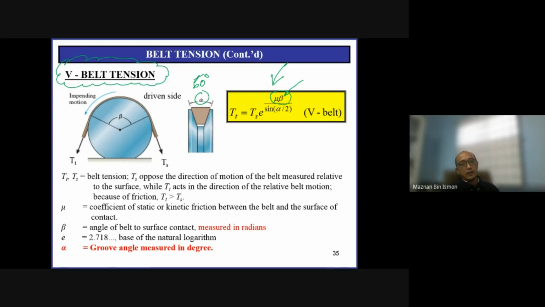Sorry, not this one. Say they give you beta, this one. The angle of contact is, let's say, 120 degrees. So here you have to convert it into radians.